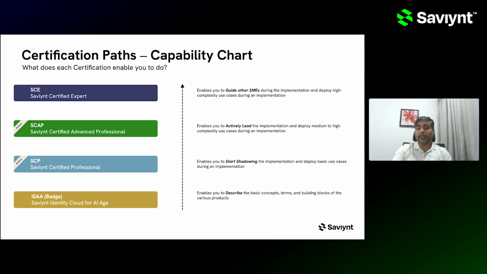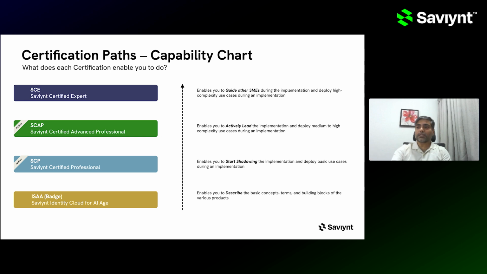The middle two, the blue one and the green one, I've already spoken about. They are available for our IGA platform, but we are also planning to create one more exam, an entry level exam for beginners and leaders who are not very hands on with the product, but need to know enough, as the job role requires that they cover all the products and understand the business use cases and the drivers to use those solutions.